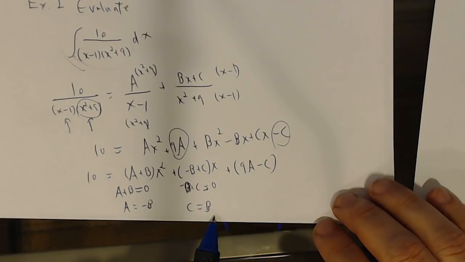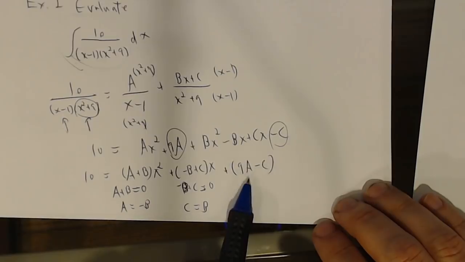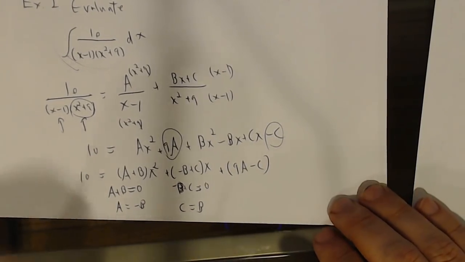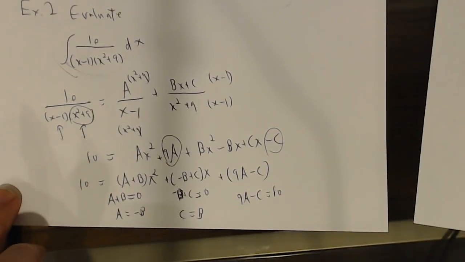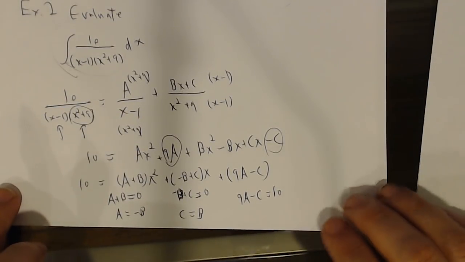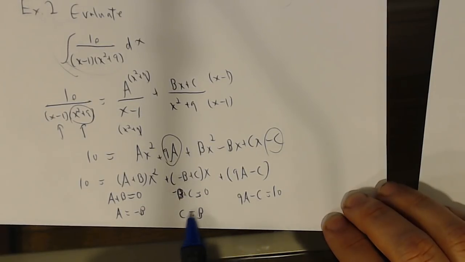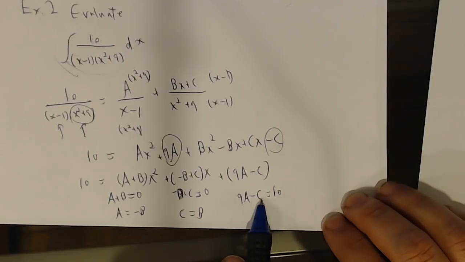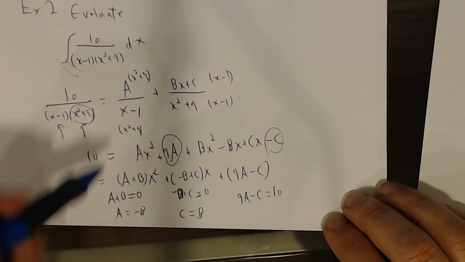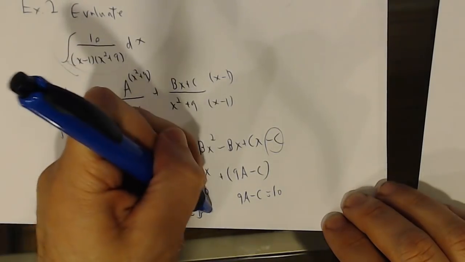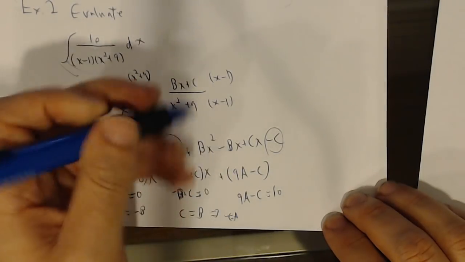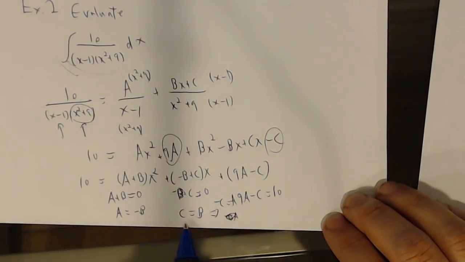Once I have this information, we can solve for 9a − c, because 9a − c has to equal 10. Since c = b and −b = a, this implies that −c = a, if I multiply both sides by negative and replace −b with a.